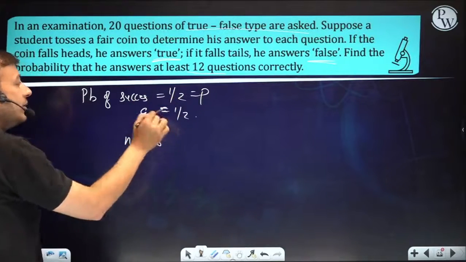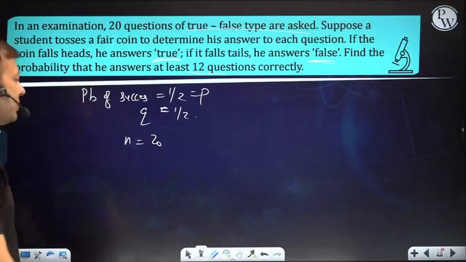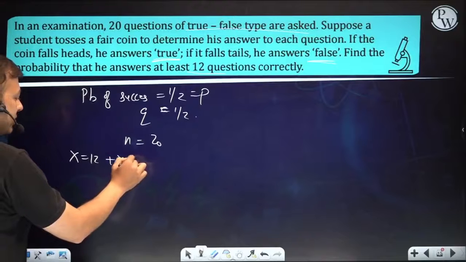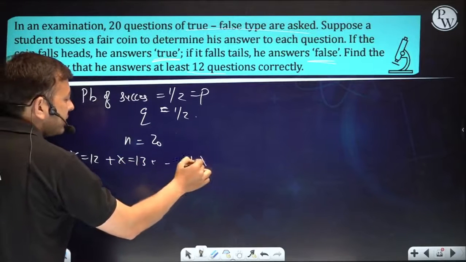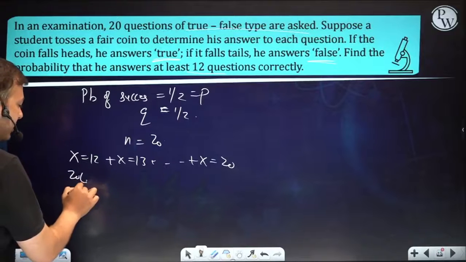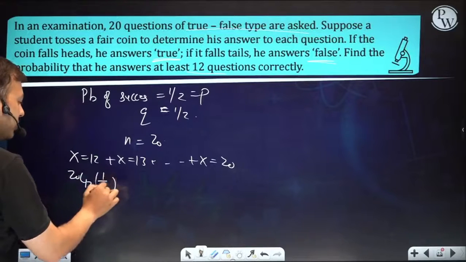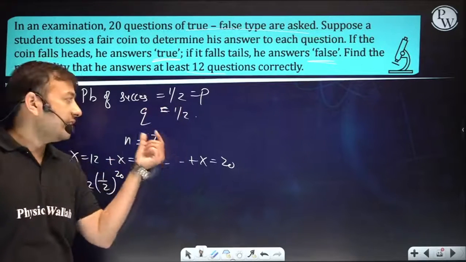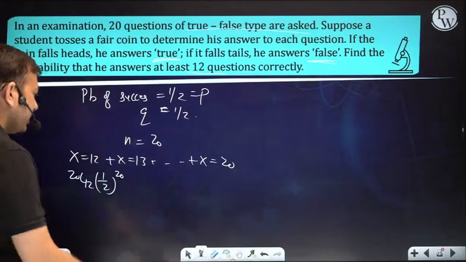n is 20. Now at least 12 means I need x equals 12 plus x equals 13 up to x equals 20. So 12 means 20C12, 1 by 2 to the power 20 only. Why? Because if I take 12 successes, then 8 are failures.